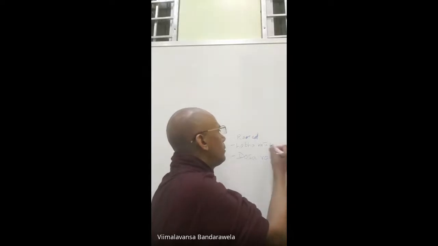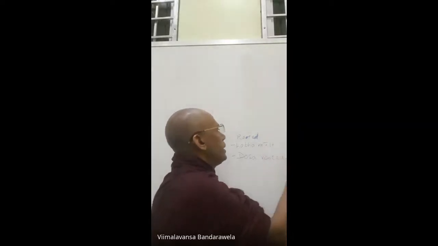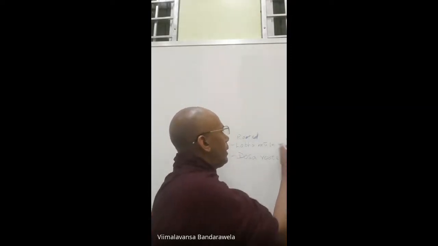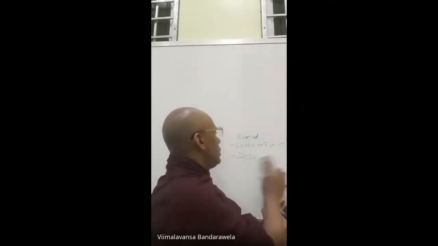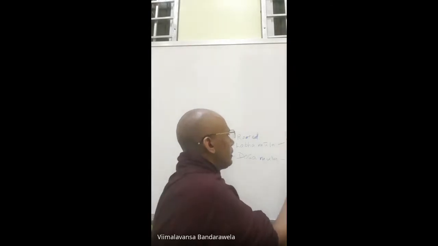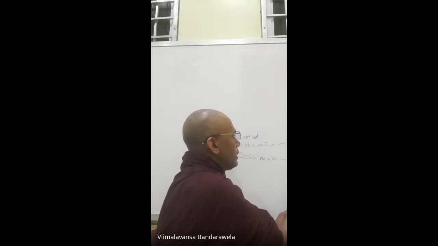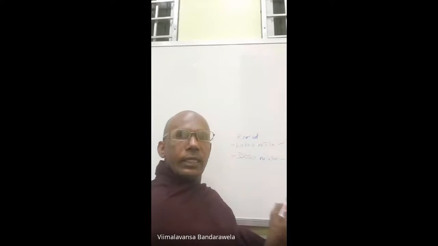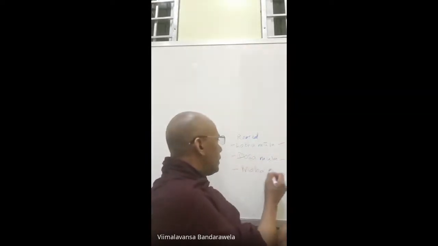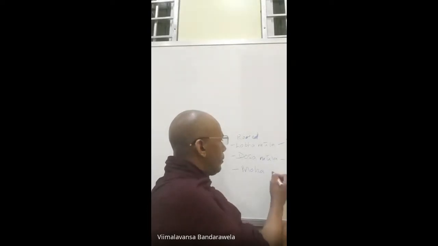Lobha moola. Moola means rooted, right? Lobha means craving, so craving rooted. This is also dosa moola, which we can say is hatred rooted. The other one is moha moola, which means delusion rooted.